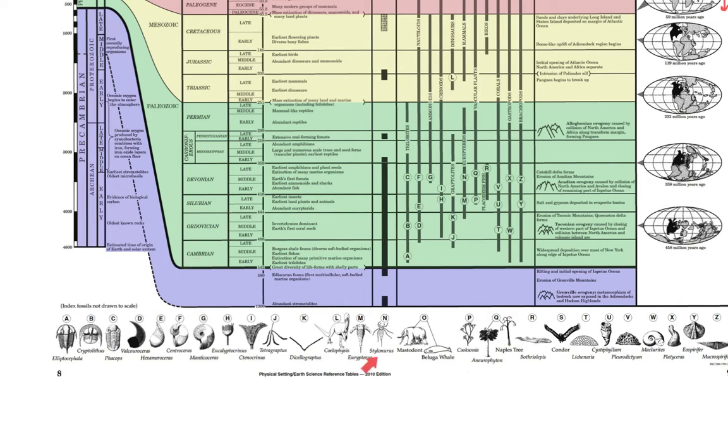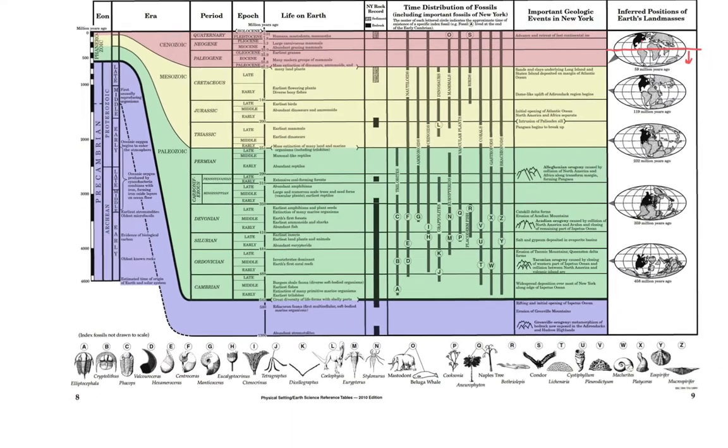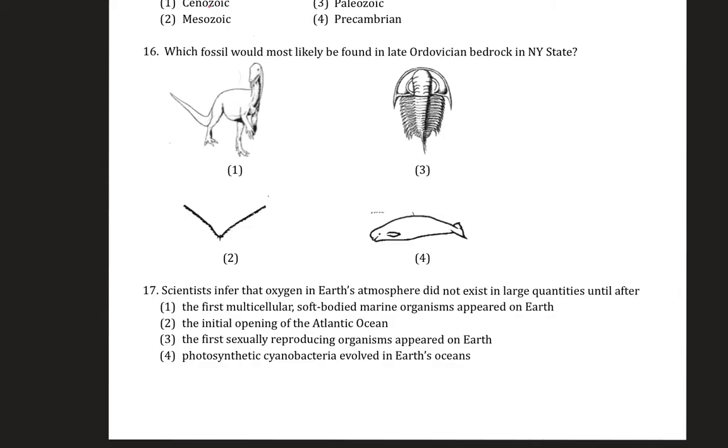And then our last one is the beluga whale, which is letter O. For that one, I have to go up a little bit, because it's all the way at the top of our reference tables. And nope, that is definitely not in the Ordovician. It's Quaternary. So let's go back to our question. All right, so now we know that it was definitely this one.